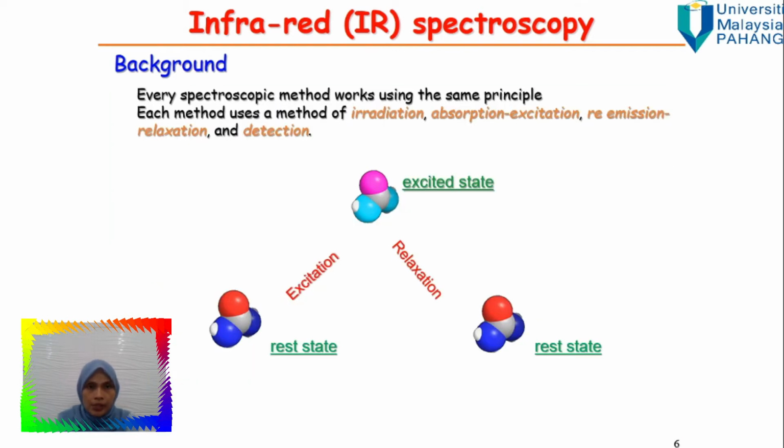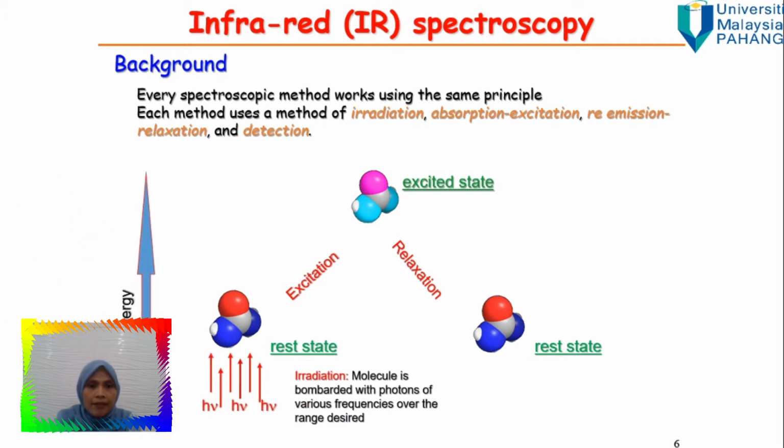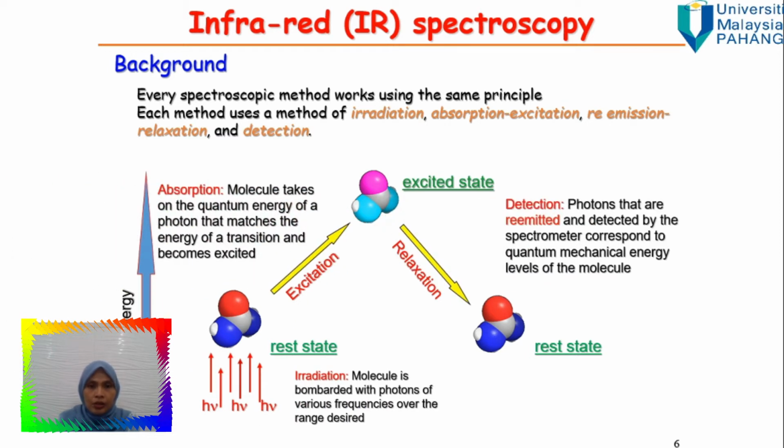So this is the basic principle for any spectroscopy. A molecule in the rest state absorbs enough energy from the light or radiation source, and when it has enough energy, the molecule goes to the excitation state. From the excitation state, it releases the energy to go back to the rest state, which is called relaxation.